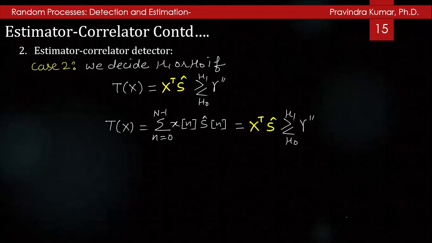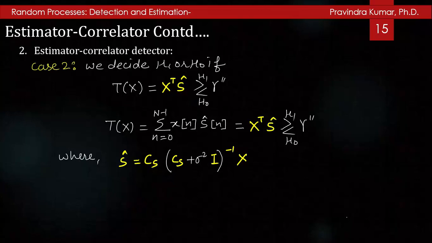Or you can write it as the summation n from 0 to n minus 1 of xn S cap n, which is x transpose S cap, greater than or less than threshold value gamma double dash, where S cap is Cs into the inverse of the matrix Cs plus sigma square I into x.